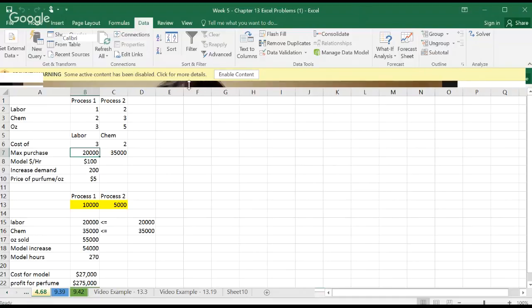Okay. I'm going to put it up here somewhere. So E1 plus the amount of hours. Actually, it could just be the model increase. And then this needs to be 1,000 and properly labeled, which I did not do.